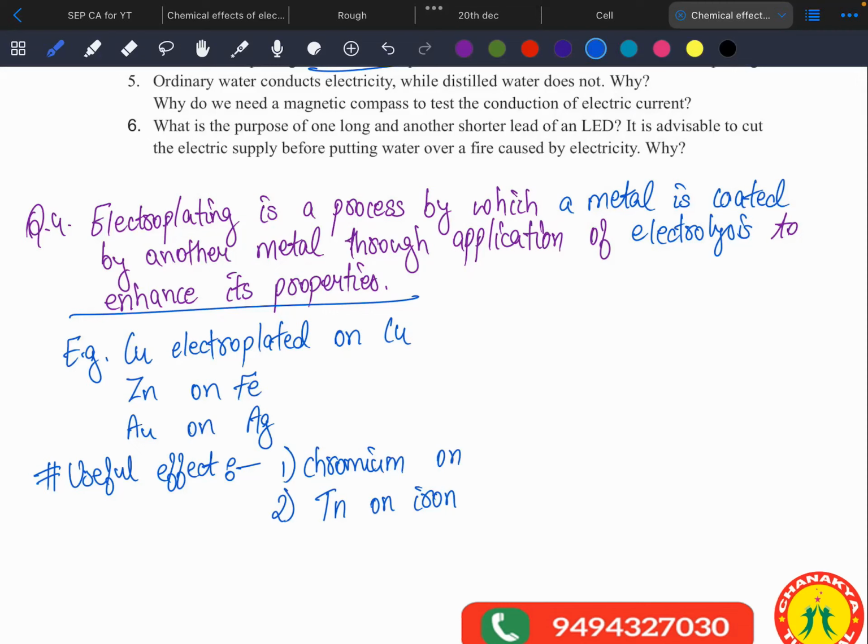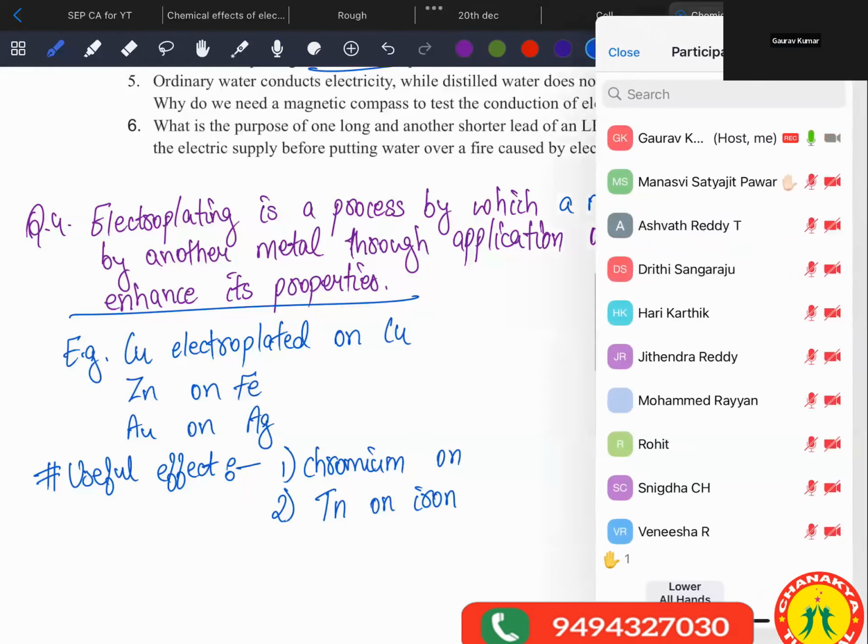For example, if we put steel spoons in pickles, it becomes black. Yes, correct. In that respect, we can say that iron usually is not reactive, but when it is mixed with some specific kind of material, then it can be reactive.